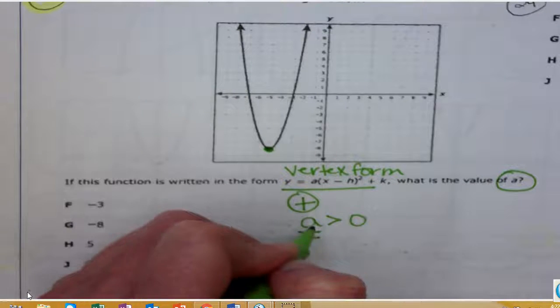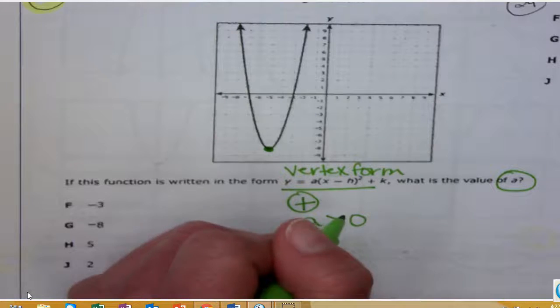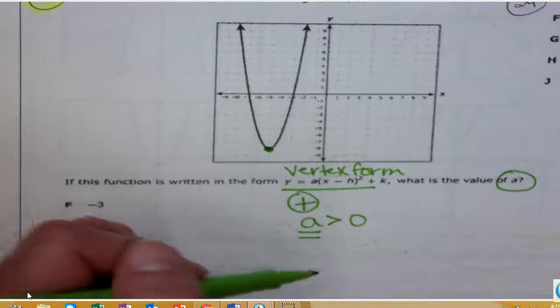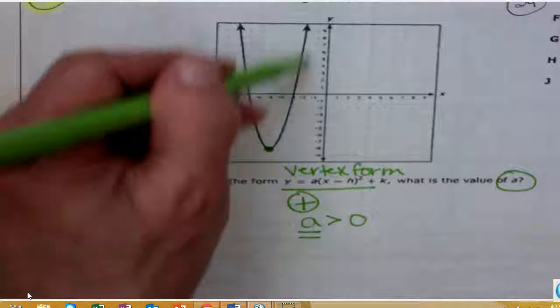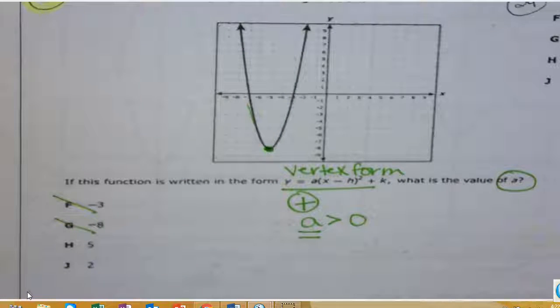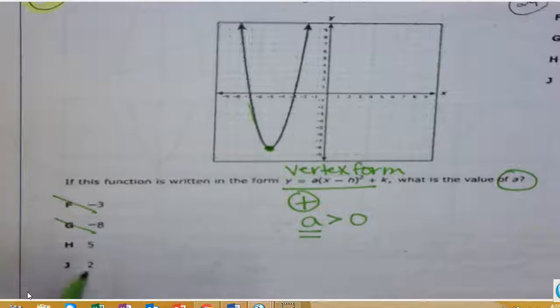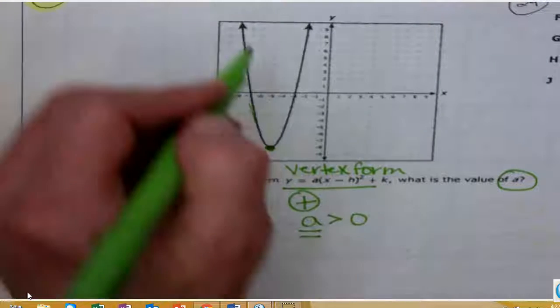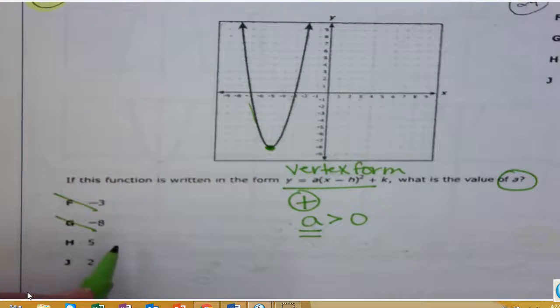The A is positive because when the A is negative, it faces down. So by this graph, we know A is positive. So we can automatically cut out those two. We also know that as A gets bigger, it gets more narrow.